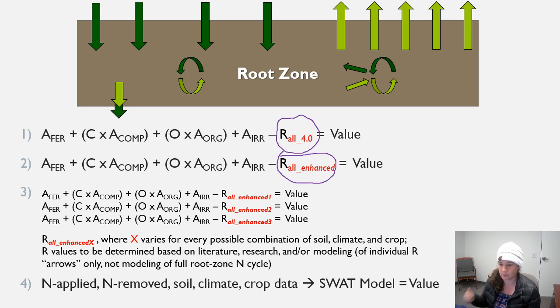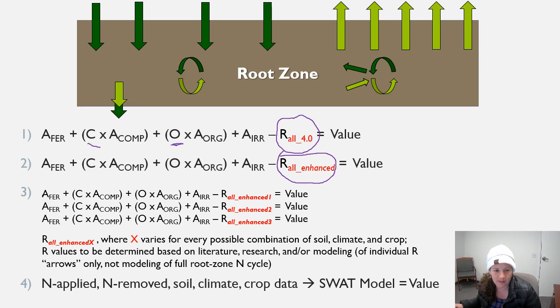So we've talked about ammonia volatilization, we've talked about root zone denitrification, we've talked about maybe treating mineralization, remineralization as a cycle as opposed to ACOMP, the C and O, I'm blanking on the term here, these guys, the mineralization factors.